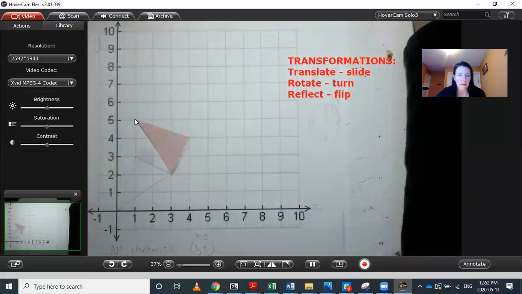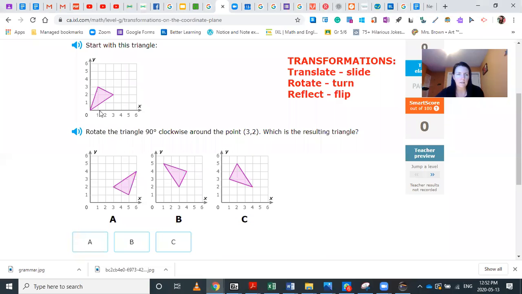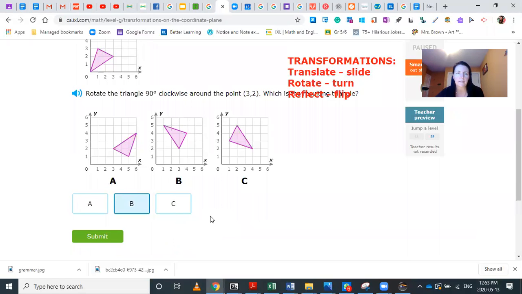It needs to be at that point there, which is 1 and 5, sticking on the 3 and 2, and then 4 and 4. So let's see if that's one of the options that they've given us here. Okay, so we've got a 5 and a 1, a 4 and a 4, and a 3 and a 2. Okay, so this one, B, is the one that we are going to be going with. All right?